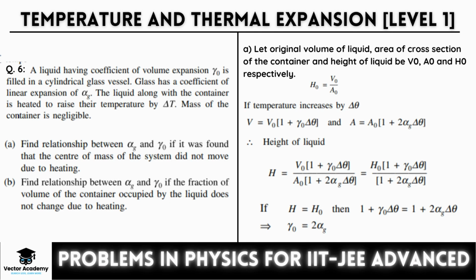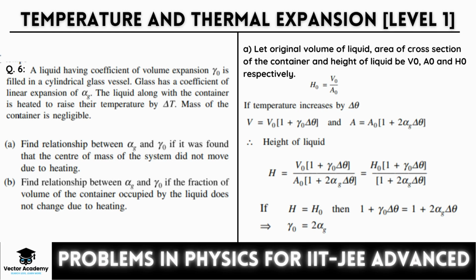If temperature increases by delta theta, then V equals V0 multiplied by 1 plus coefficient of volume expansion gamma into delta theta. And A equals A0 multiplied by 1 plus 2 into coefficient of linear expansion alpha into delta theta.